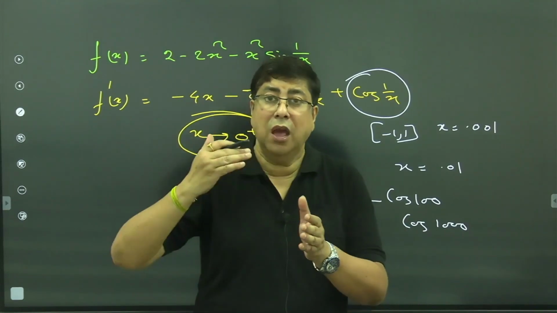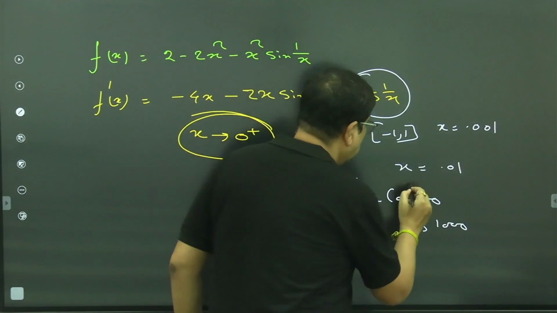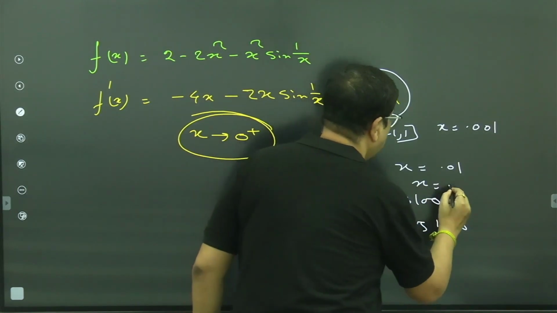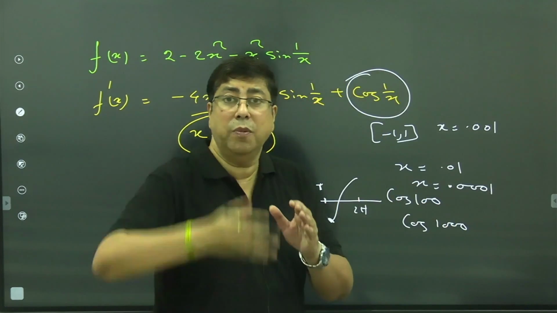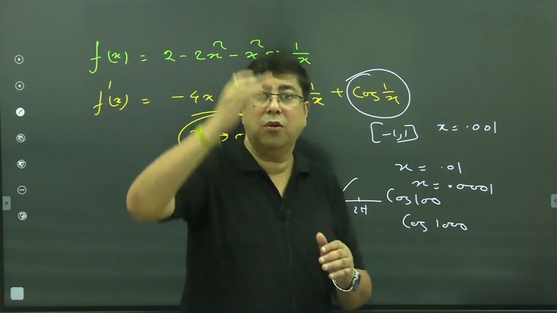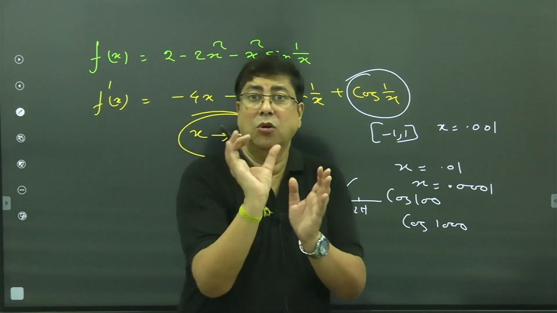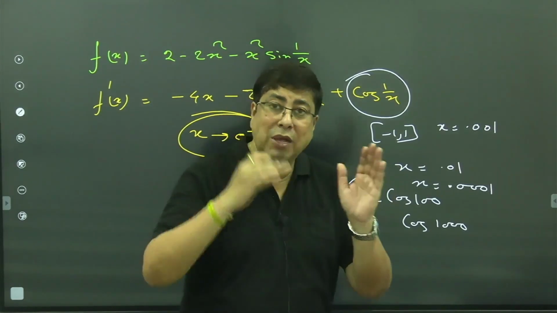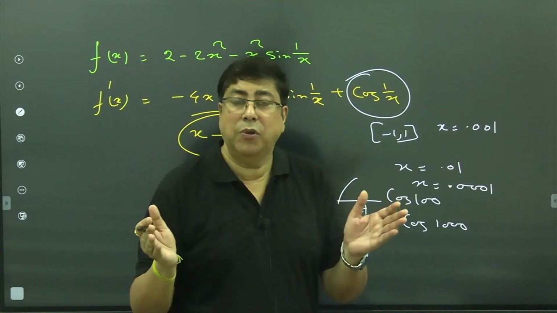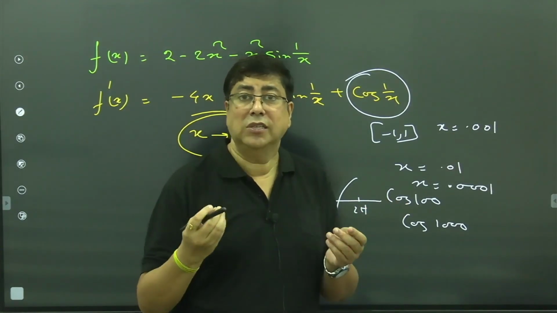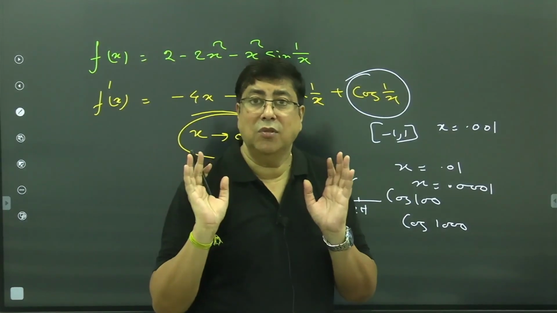The nearer we come to the value of 0, suppose x equal to 0.0001, it will be continuously fluctuating, continuously up and down, making cycles, 0 to 2 pi continuously, once it is coming up, once it is coming down. So it is not possible to decide where cos is increasing and where cos is decreasing nearer to the value of 0.